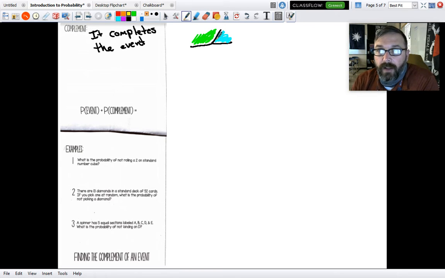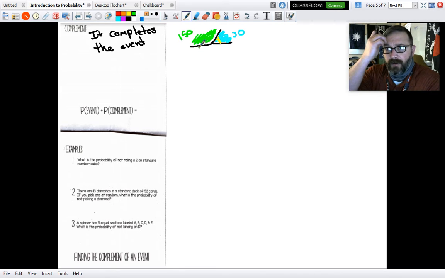So where the blue might be 30 degrees, the green would then be 150 degrees. Don't put a protractor on it because those are not appropriate angles. It's more like 45, but that math is difficult. So it completes the event.